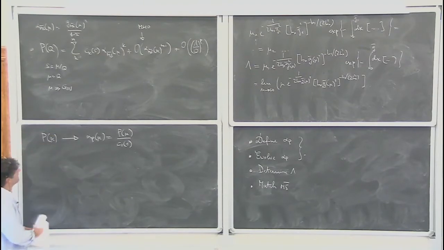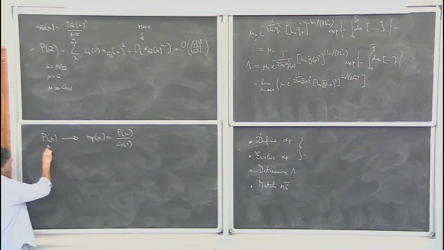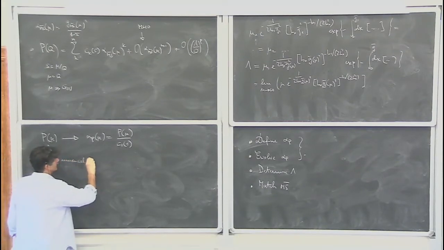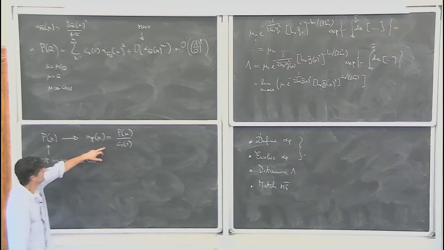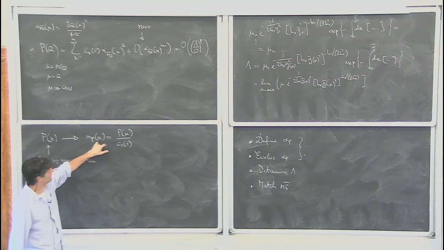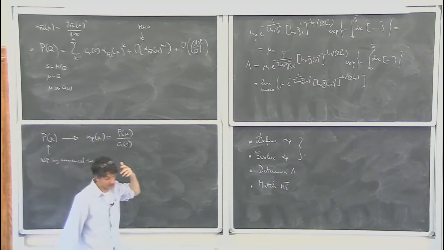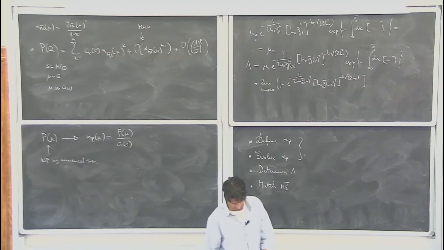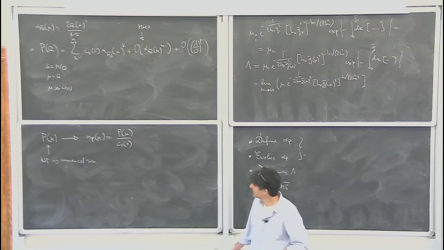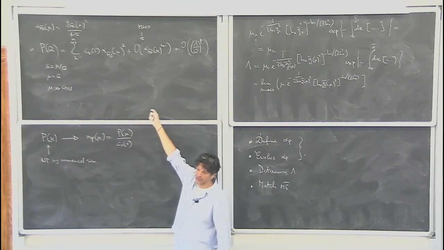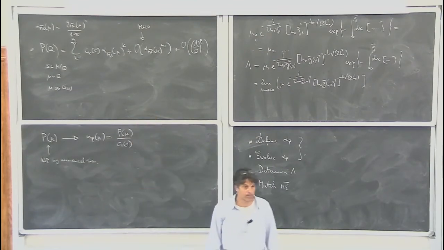We measure this non-perturbatively by numerical simulations, and then we define a coupling by taking the non-perturbative measurement and dividing it by the coefficient of the expansion of P. So this is a non-perturbative quantity that in a perturbative expansion starts like alpha.